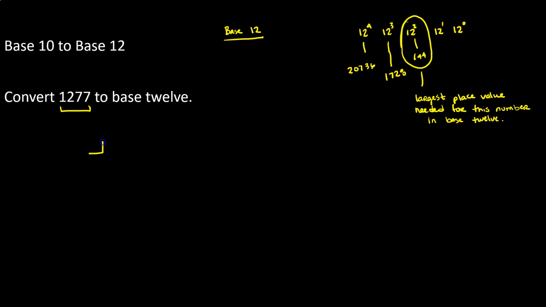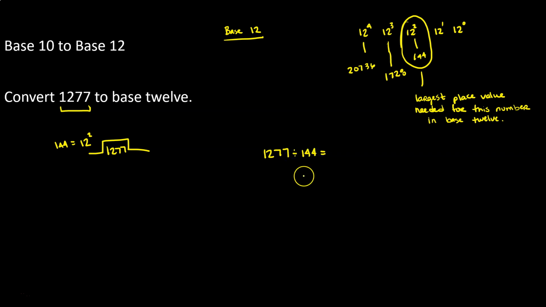So when we start our little house notation, we'll put 1,277 in the middle. We will put 12 squared on the left, which we know is the same as 144. And then we need to figure out how many times 144 fits into 1,277. And we can use division to help us with that.